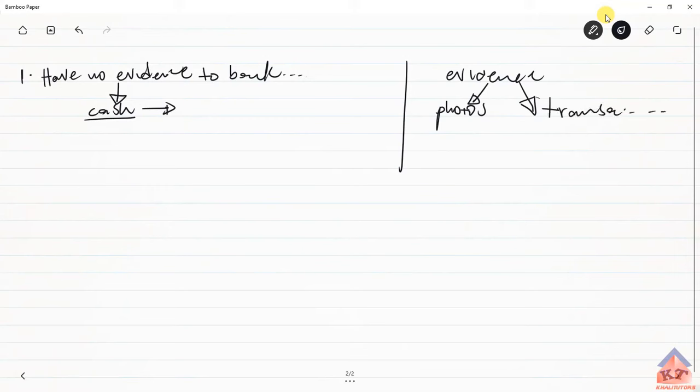If there are bank transactions, this can guide you as to what your next step should be under your procedures. If there are photos, you can request these photos from the whistleblowers if they do have them. This is important because it guides you as to what you're supposed to do next.